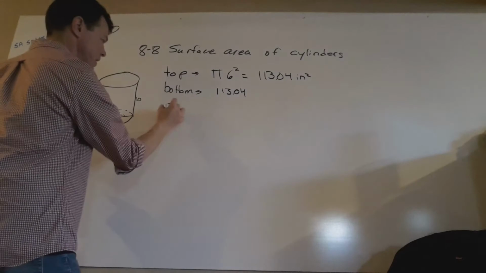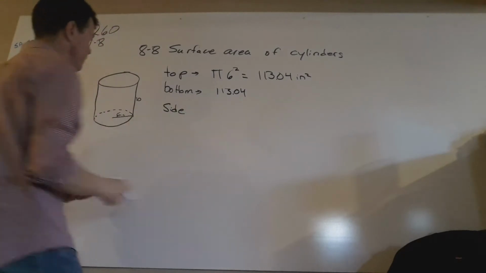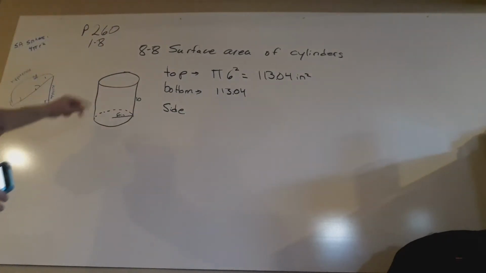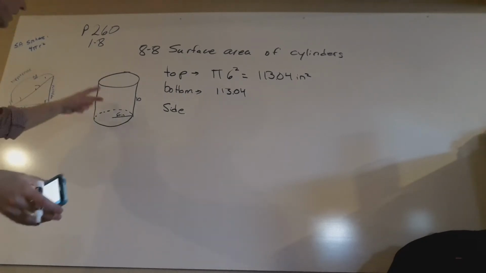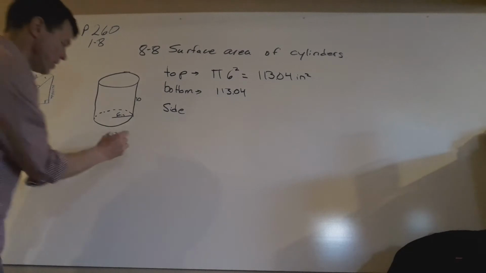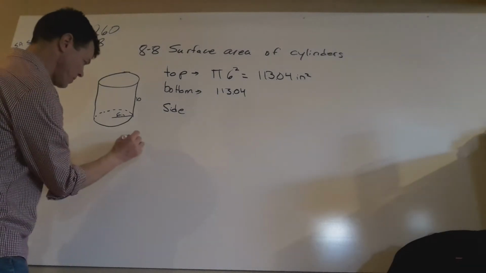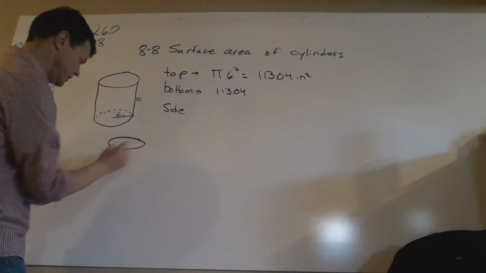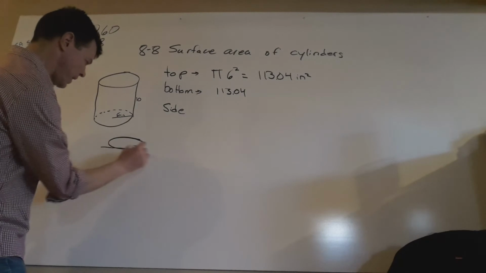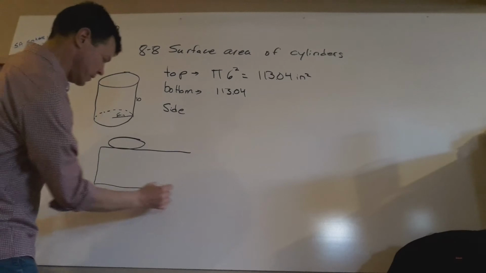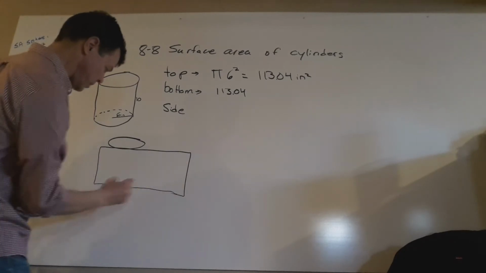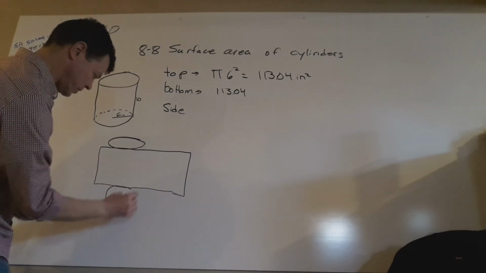And then the side. The side presents a bit of a challenge. But what I want to show is that if we were to unwrap this can, or take this can apart, we're going to end up with the top, then a rectangular shape, and then the circle on the bottom.